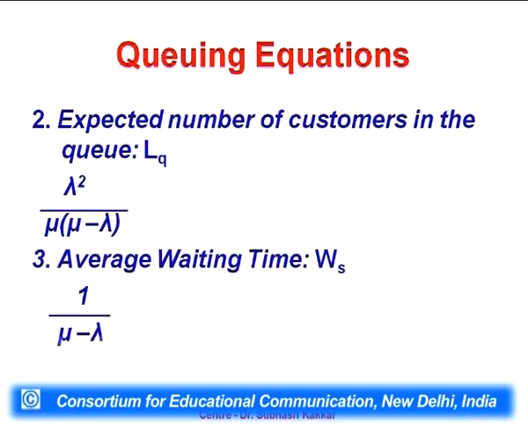Expected number of customers in the queue. Earlier we discussed Ls, the number of customers in the system. Now we are discussing Lq, the number of customers standing in the queue, which is given by lambda square divided by mu within brackets mu minus lambda. Here we are discussing the cases where mu is greater than lambda.